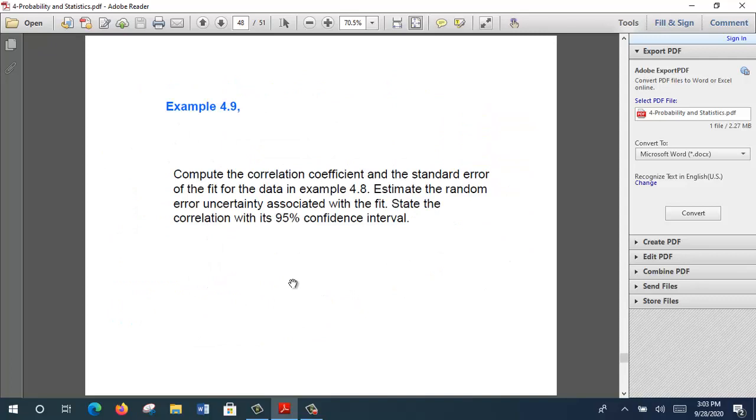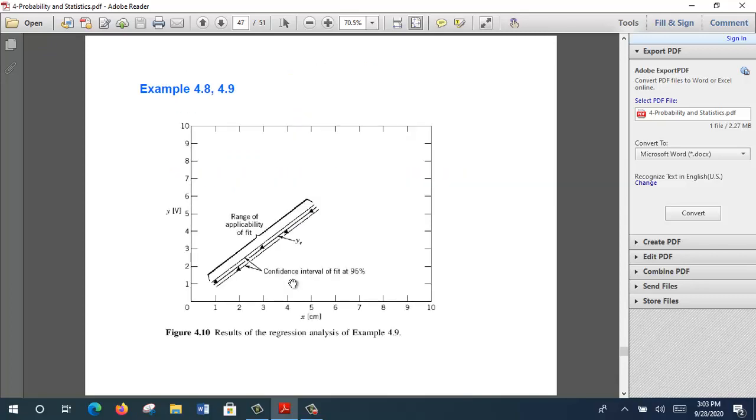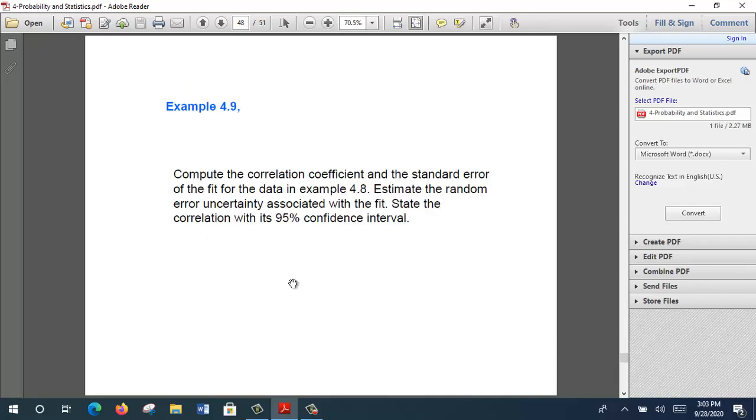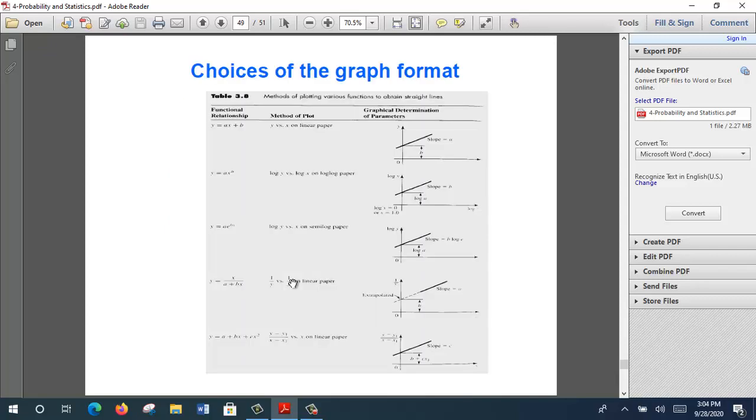Estimate the random error uncertainty associated with the fit and state the correlation with a 95% confidence interval. You can try and then compare the result that you got. And if you have any problem, please let me know, we can do it together later.